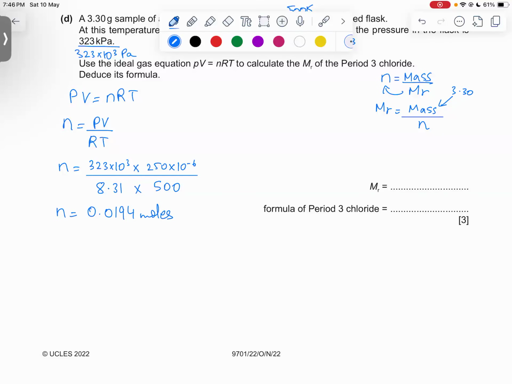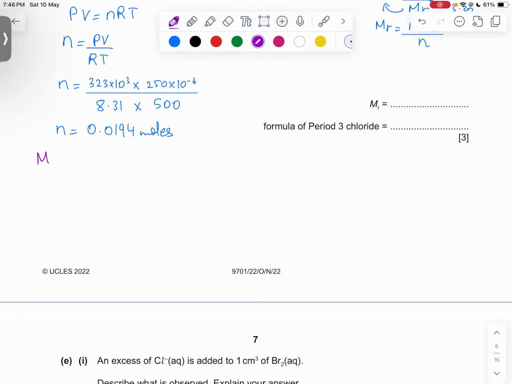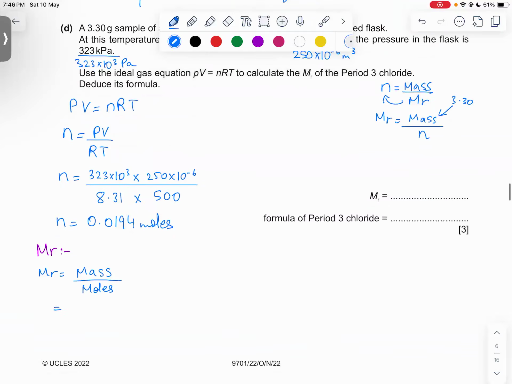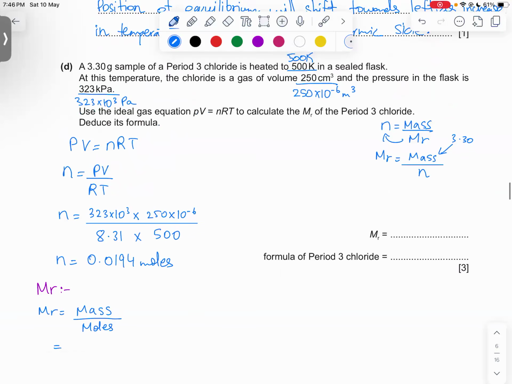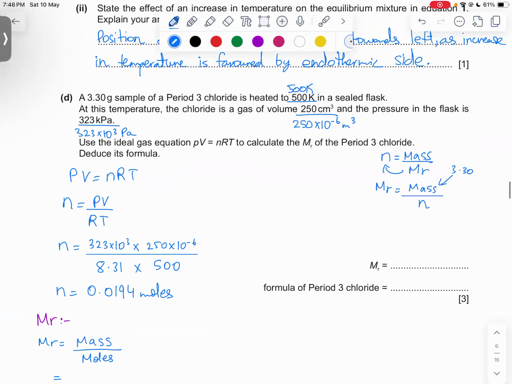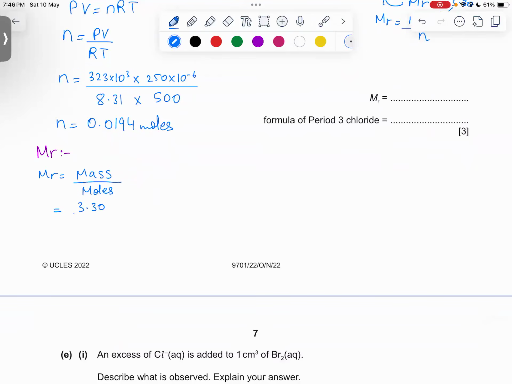So now we can calculate the MR. MR is equal to mass upon moles. All right. The mass was 3.30 upon 0.0194.